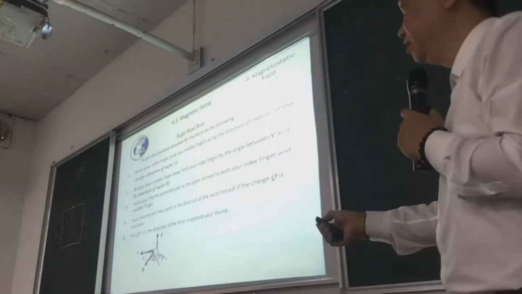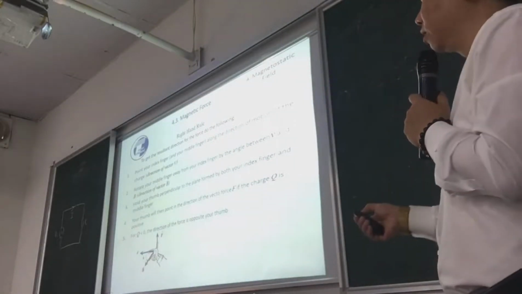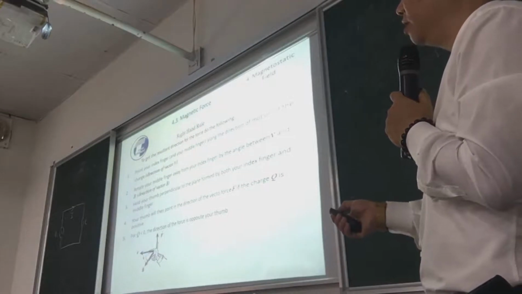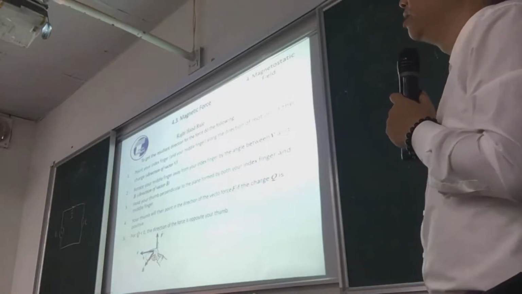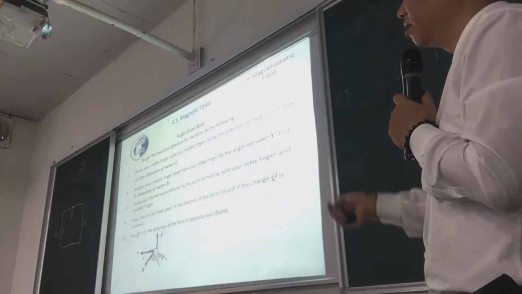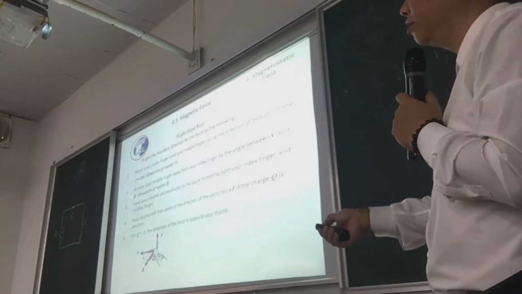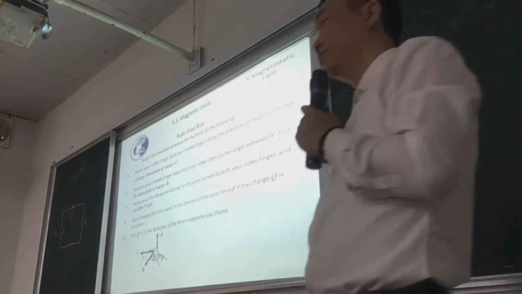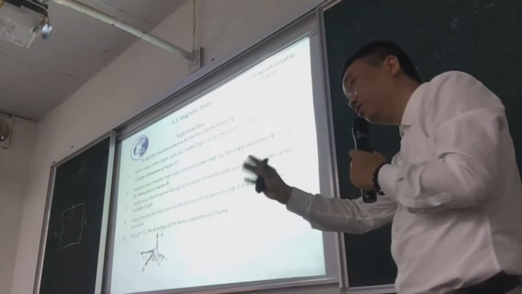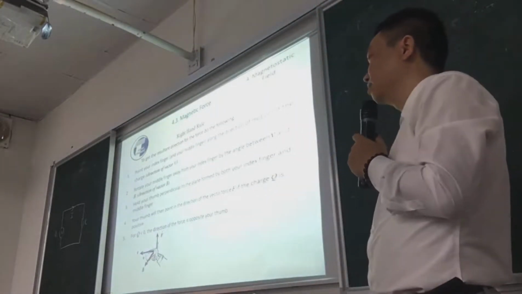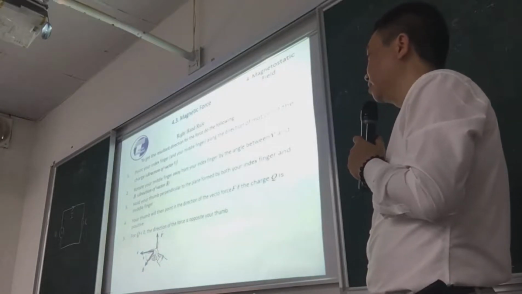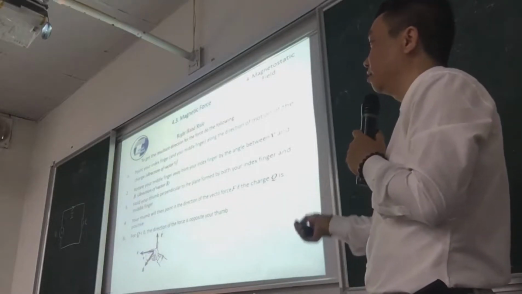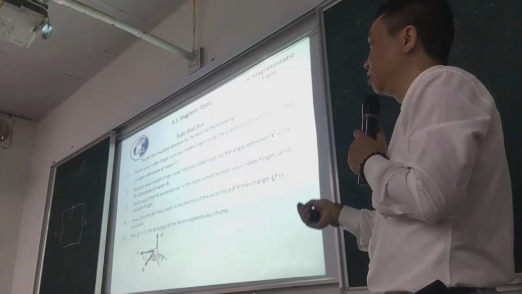Okay, so the rule for you to remember is called the right hand rule, and here I summarize some points 1, 2, 3, 4, 5 to help you remember the right hand rule. I think it originates from what you learned in high school.